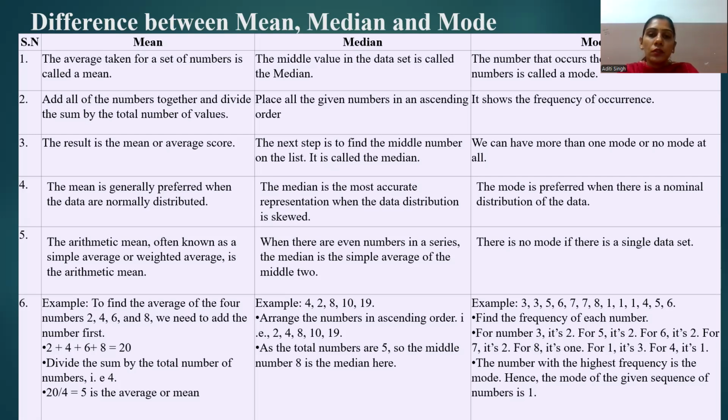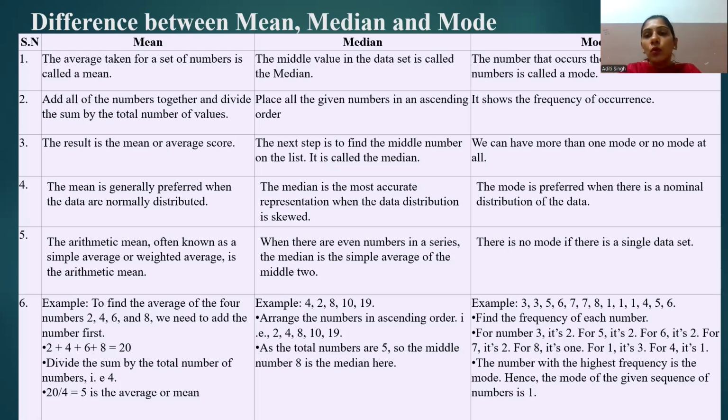Suppose you have arranged the series in ascending order, then the middle value of that series is the answer for median. Suppose there are five numbers, 1 2 3 4 5, arranged in ascending order, then the middle value is 3. So 3 is the median for that particular data series.